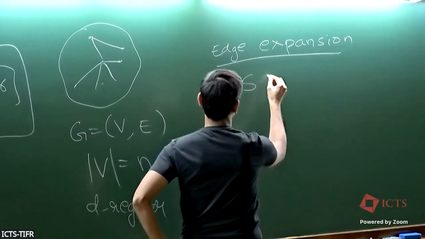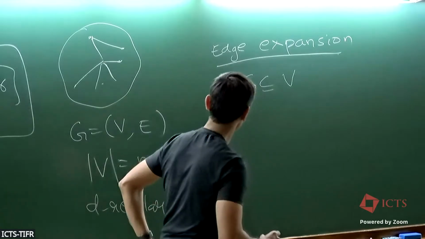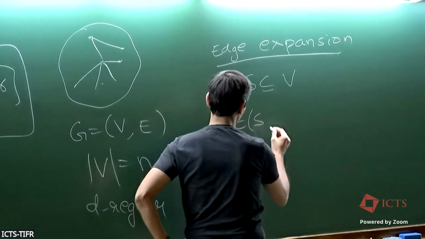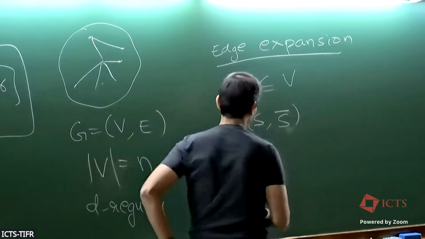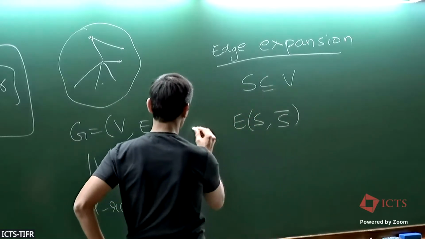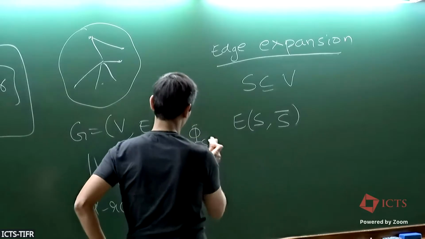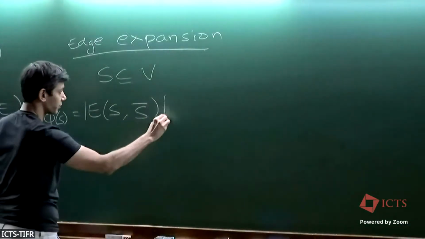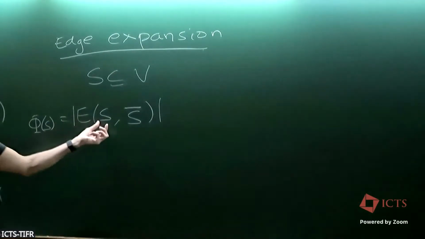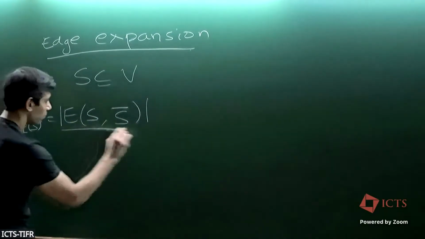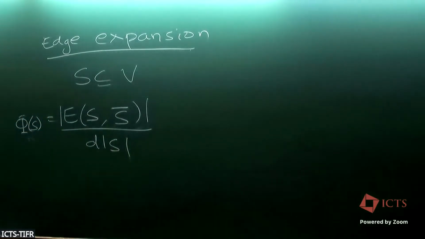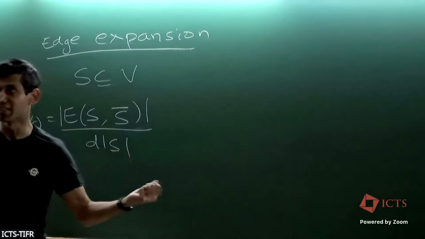Let's say I have a subset of vertices S, and I define the expansion of this set, let's call it phi of S, as the number of edges that cross from S to S complement, divided by the total number of edges incident on all vertices in the set S. Okay?